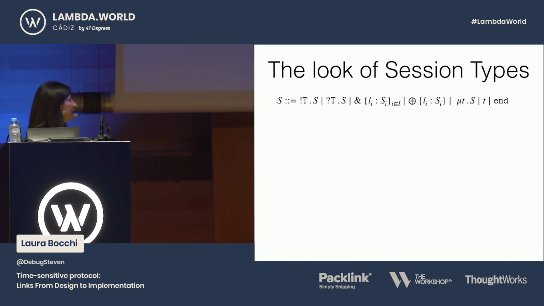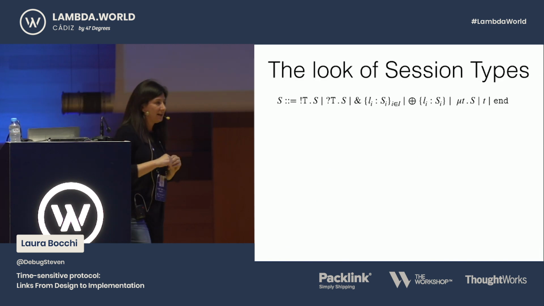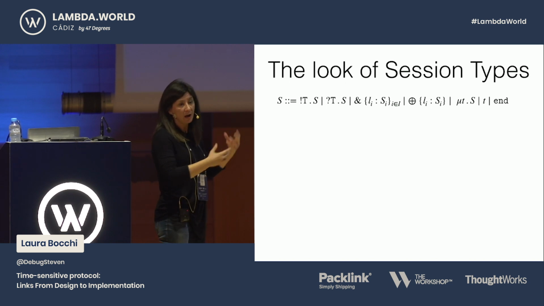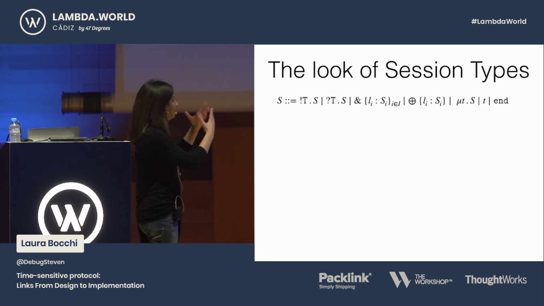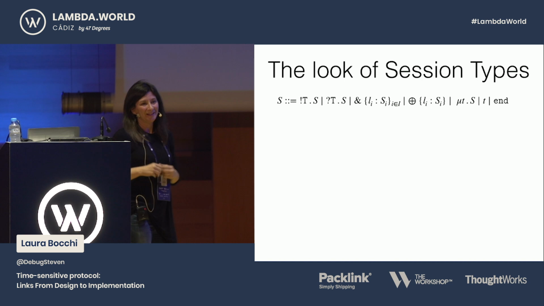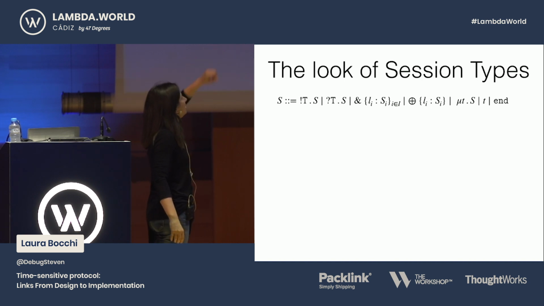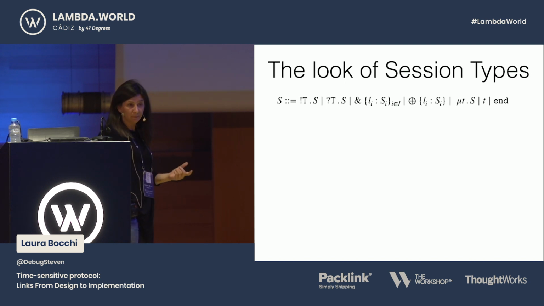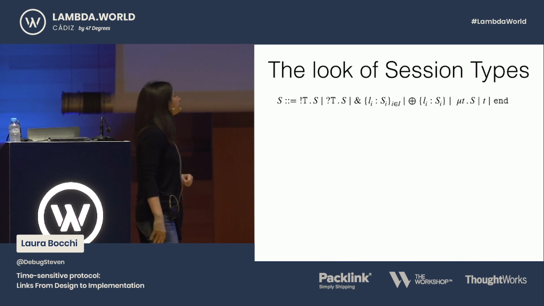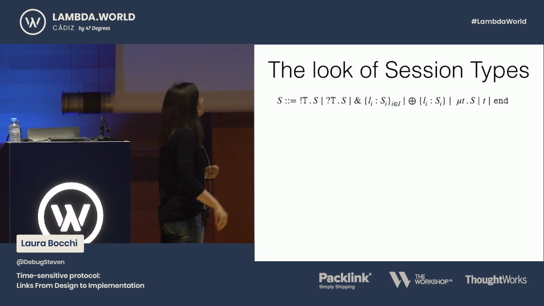Session types have a syntax that may look a bit less familiar. It's more like a process calculus syntax, but it means the same that we have seen for automata. A session type S could be a sending type that sends a message of type T, where T could be an integer, a string, or even another type.